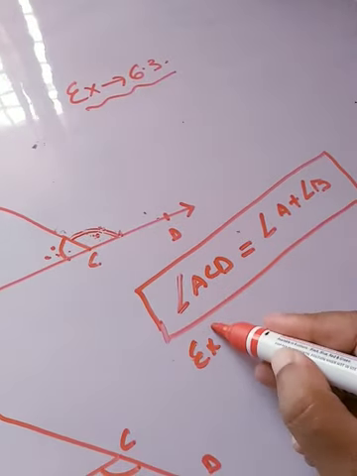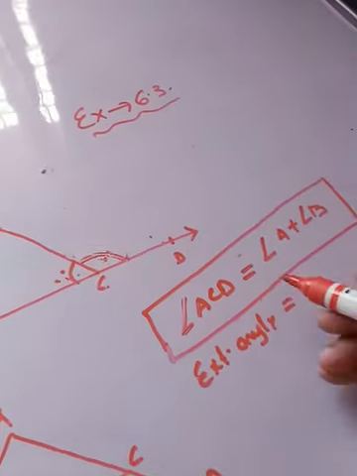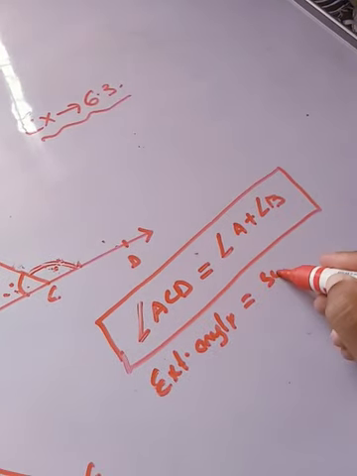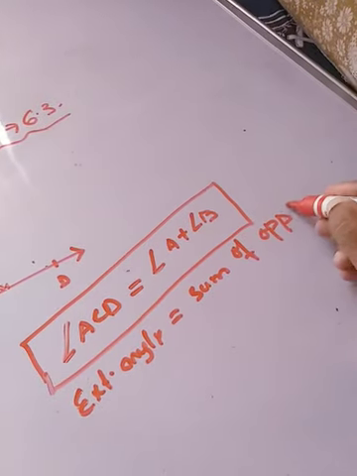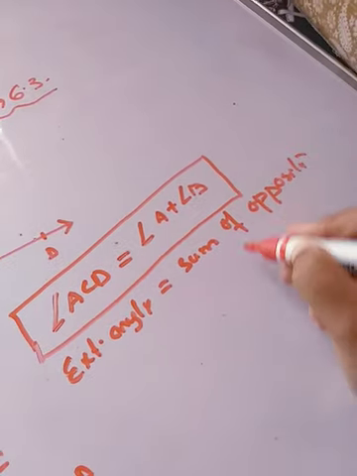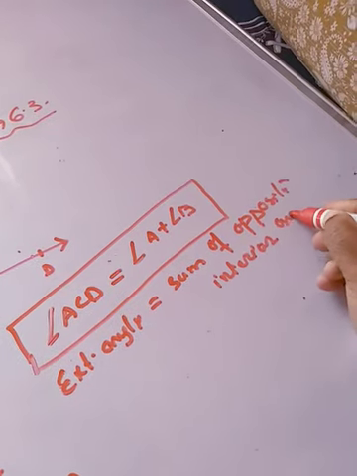That is, this is the exterior angle, and it is equal to the sum of the opposite interior angles.